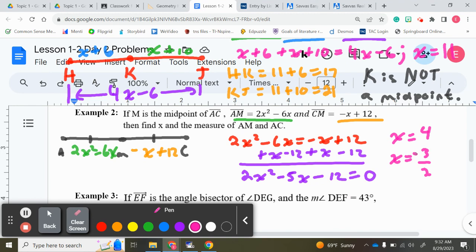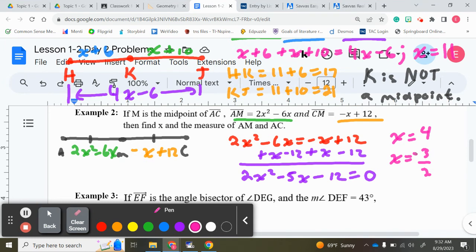Is it the measure of a distance though? Because the 2x squared minus 6x is measuring the distance between 2 points on the line. You're bringing up a really good point here. He is 100% right that distance cannot be negative. Do not pass go, do not collect $200.